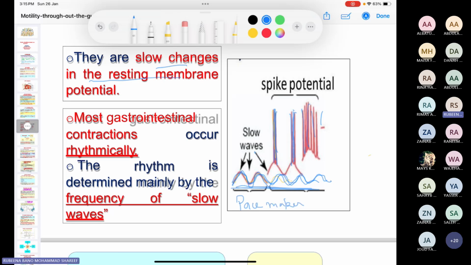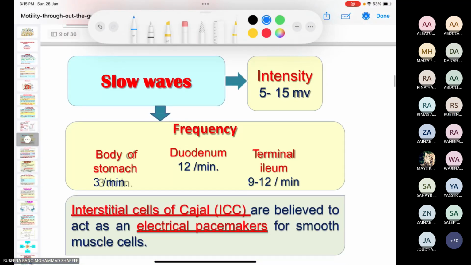Just like the pacemaker of the heart is the SA node, here the pacemaker of the GI wall is the interstitial cells of Cajal. Where are they present? They are present in the greater curvature of the stomach.